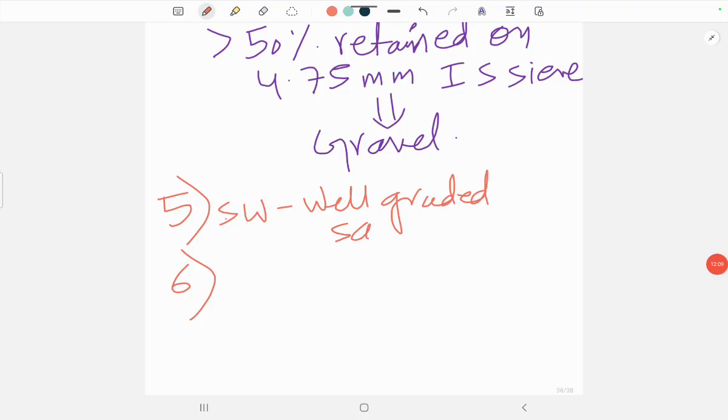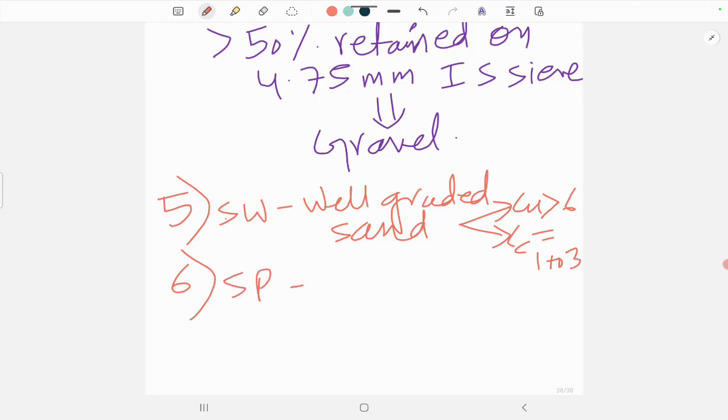This has a coefficient of uniformity greater than 6. In the case of gravel, it was a coefficient of uniformity greater than 4, and the coefficient of curvature in this case is also between 1 to 3, same as that of gravel.